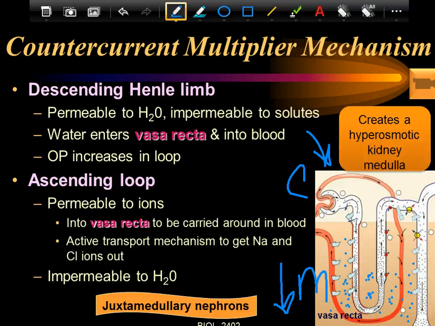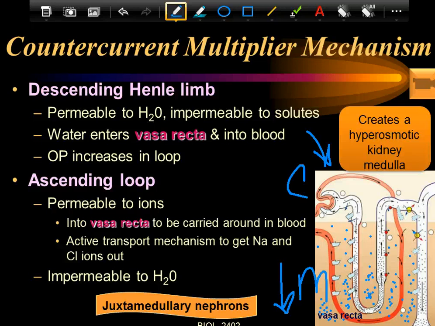And by the way, I'm talking sodium, Na. So we've got a ton of sodium concentrated here, a little bit less up in here. So what we're doing is making a sodium gradient. As you go downward, more salt.